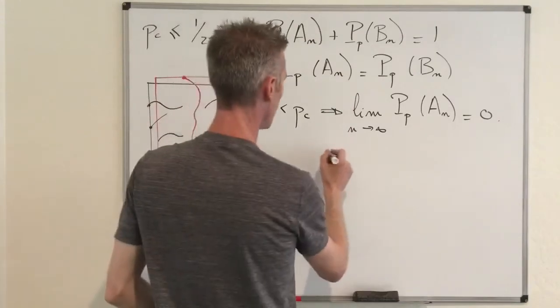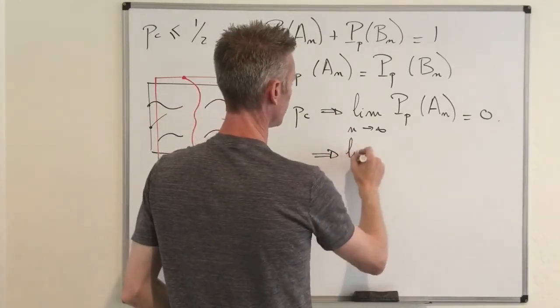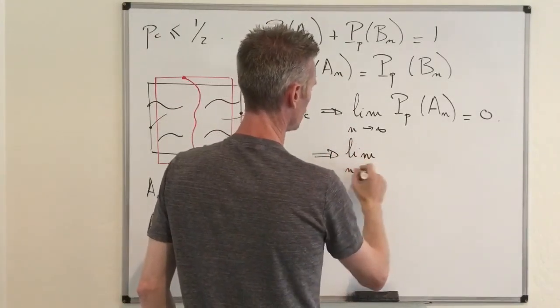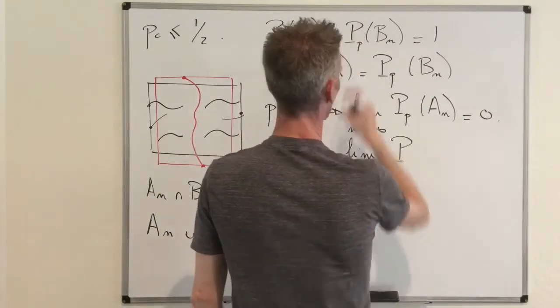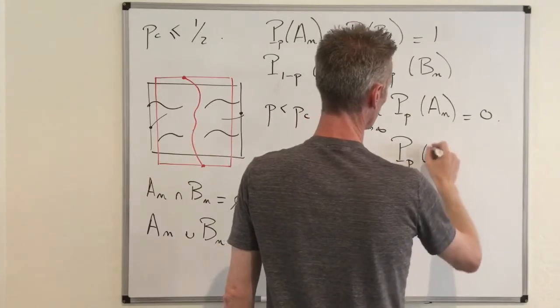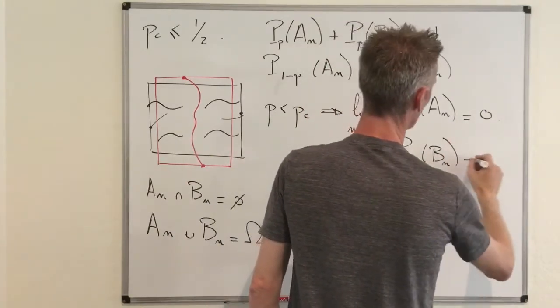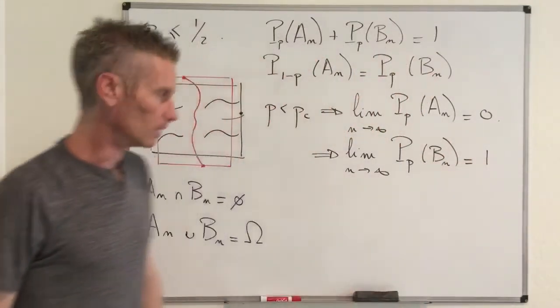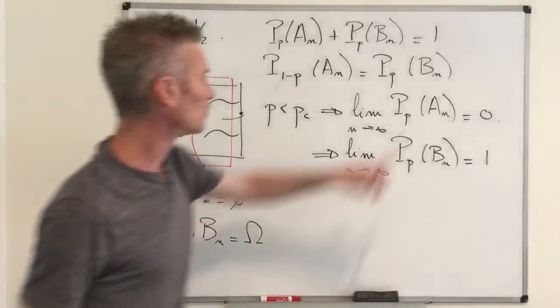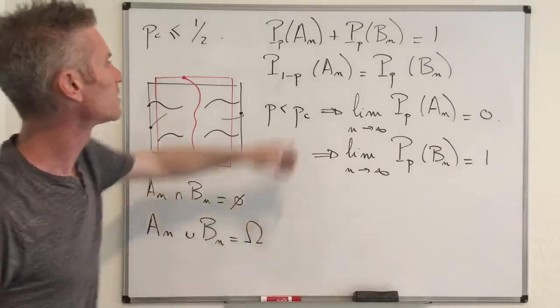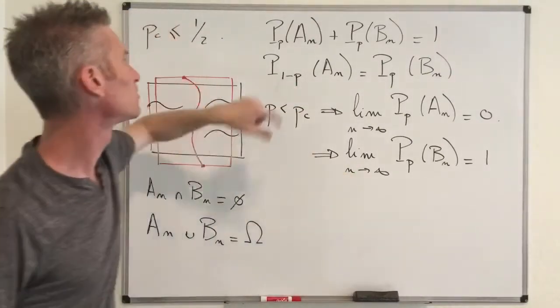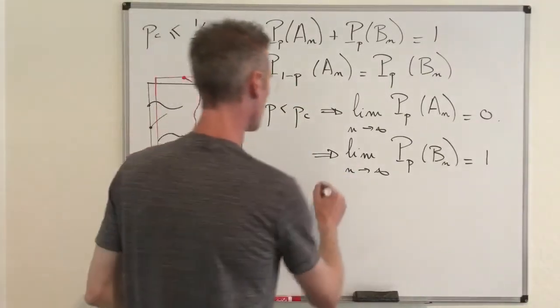So this implies that the limit when n goes to infinity of p sub p of bn is equal to 1. Now, next step, I'm going to use the fact that those two probabilities are equal, so that means also that the limit when n goes to infinity of this probability is equal to 1.